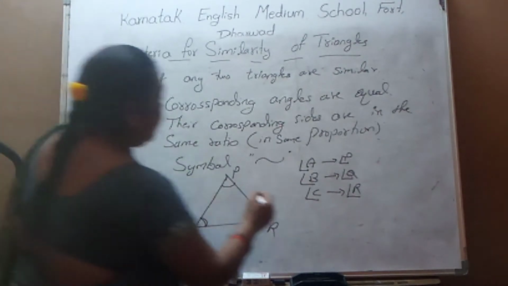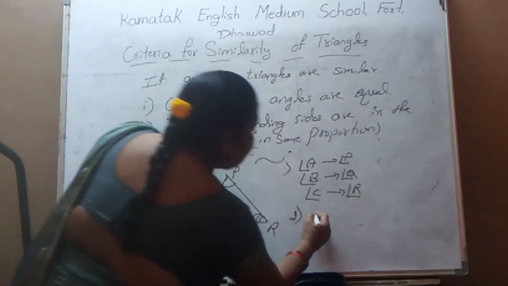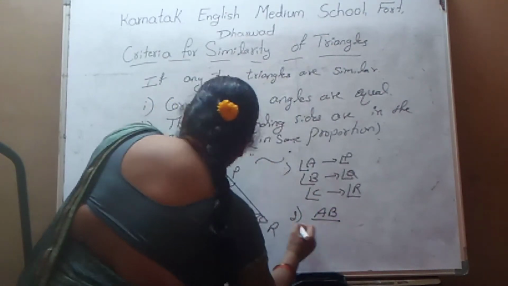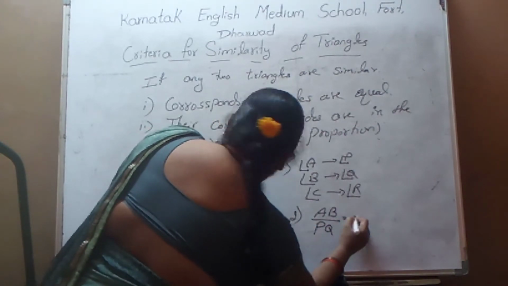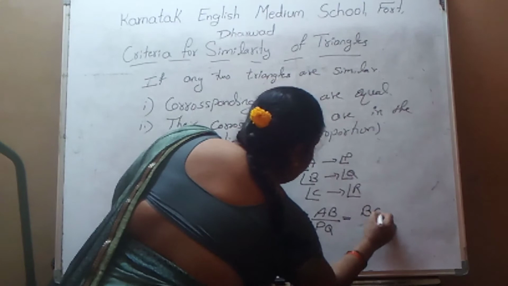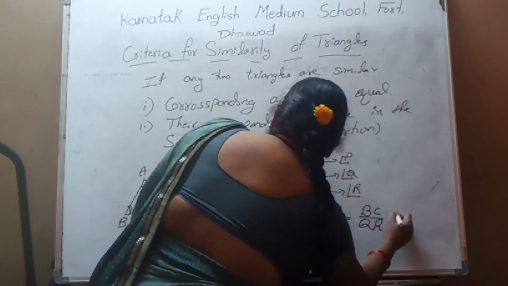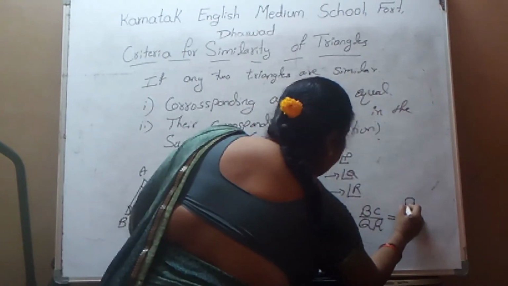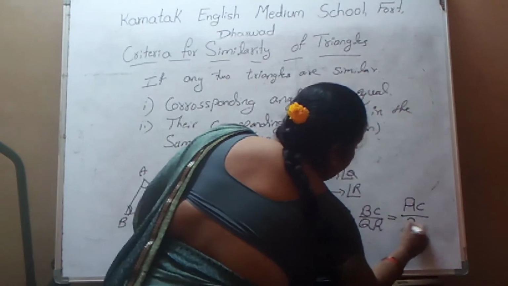First one, their corresponding angles are equal. And another one, their corresponding sides are in the same ratio. Means AB upon PQ equal to BC upon QR equal to AC upon PR.